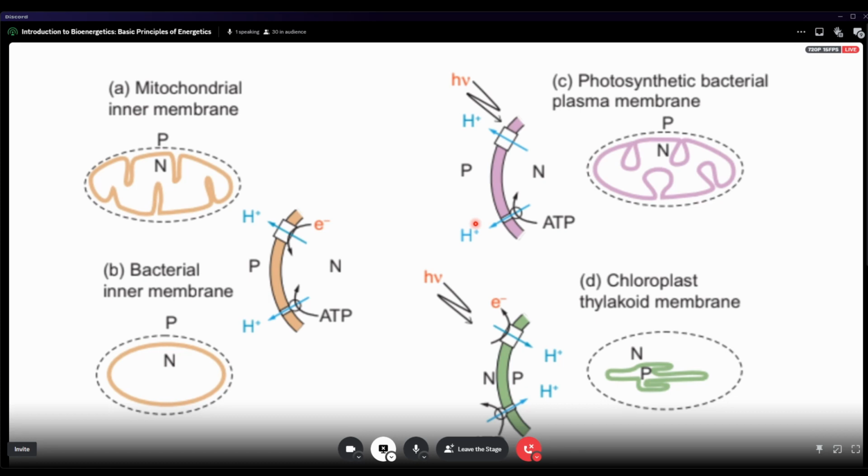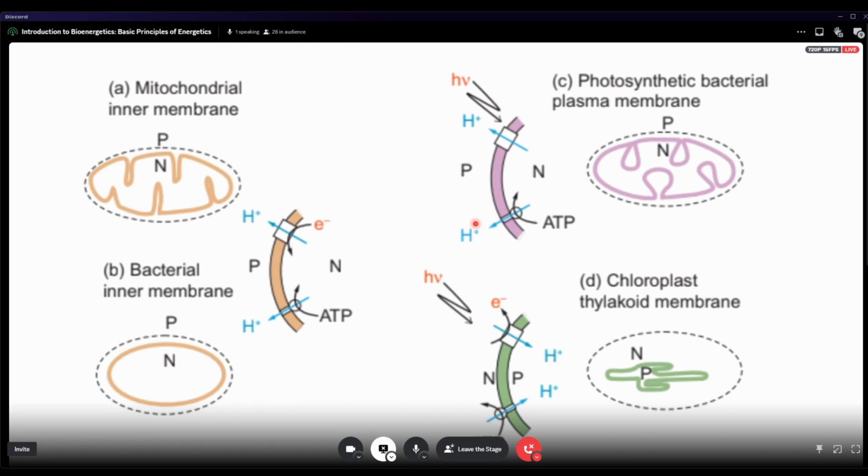So instead of using electrons in this case, you can also use photons as a primary energy input. So here I've just introduced the concept of a primary energy input. You can have either an electron flow or you can have a photon directly donating the energy.